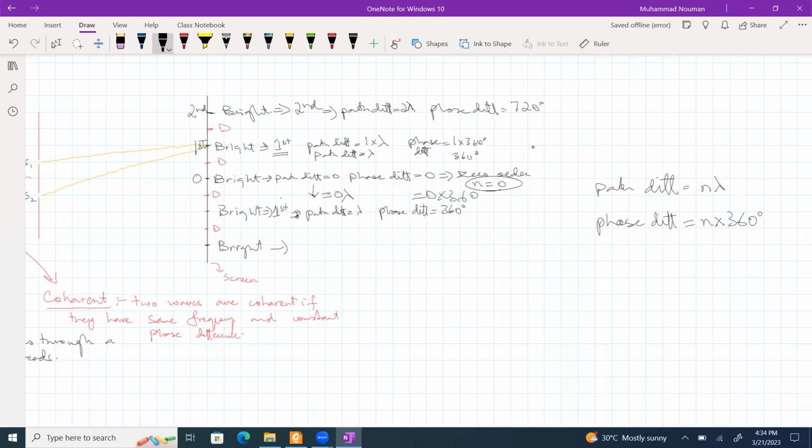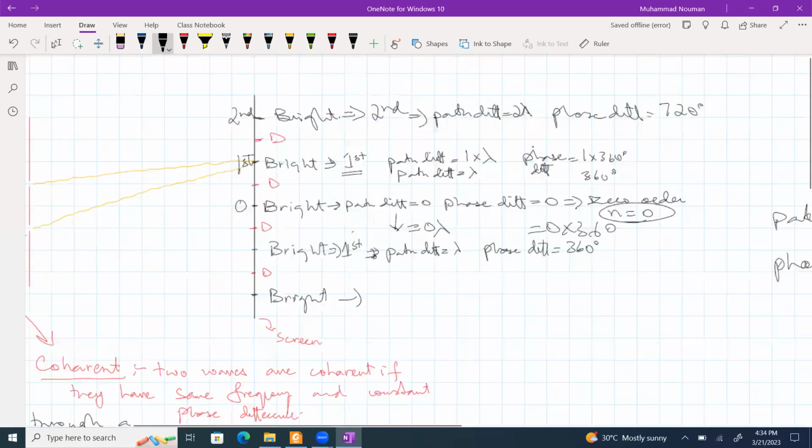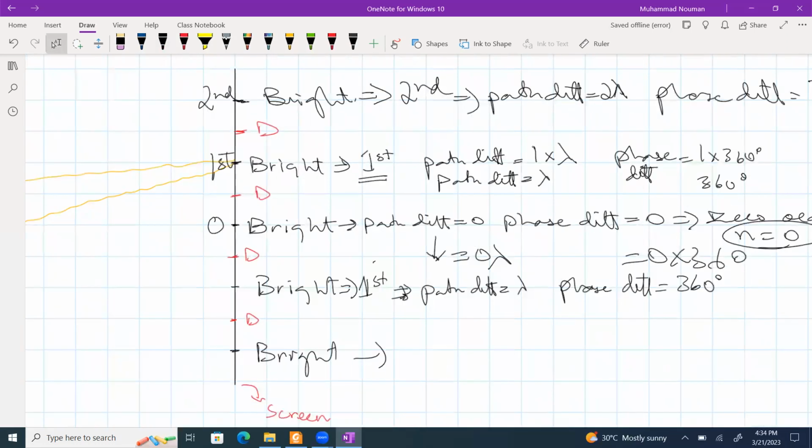Okay, fine, perfect. Now I'm coming to dark fringes. The bright fringes story is finished. First of all, is a dark fringe the sign of maxima or minima? Minima, perfect. So see, this is the dark fringe called zero order dark fringe.